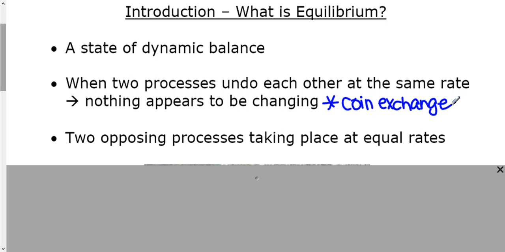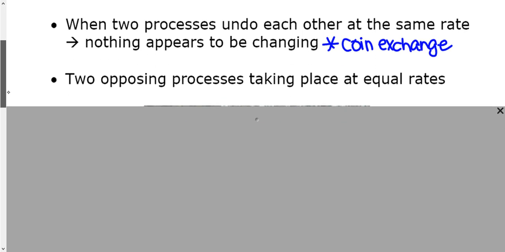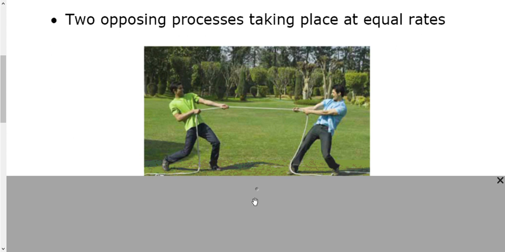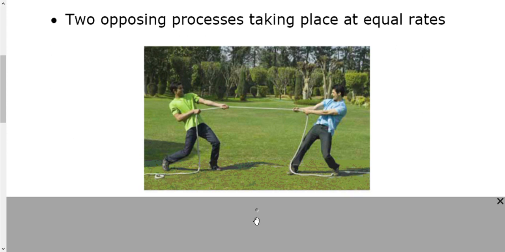Finally, one other way of thinking about equilibrium is two opposing processes taking place at equal rates to one another. And this one works really well with tug of war. So hopefully you're familiar with tug of war. Maybe you played it on a team, but this picture here shows just two people involved, one on each team.